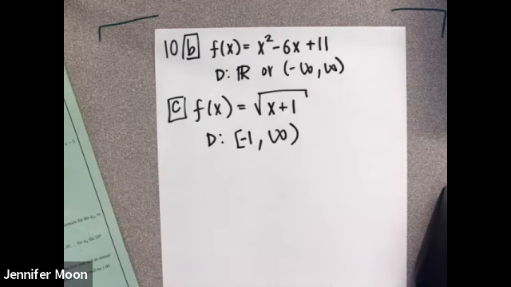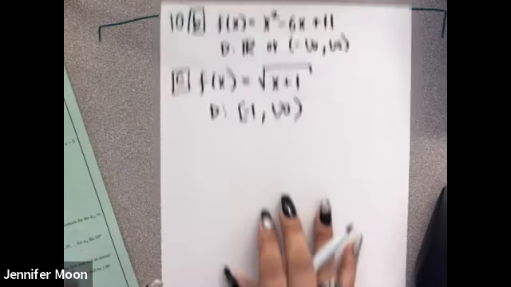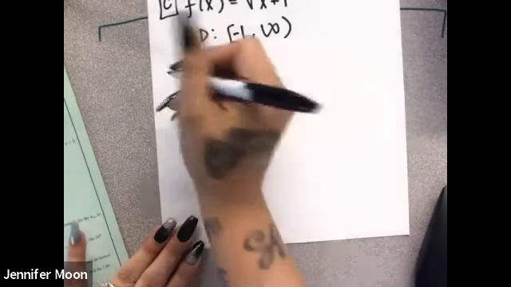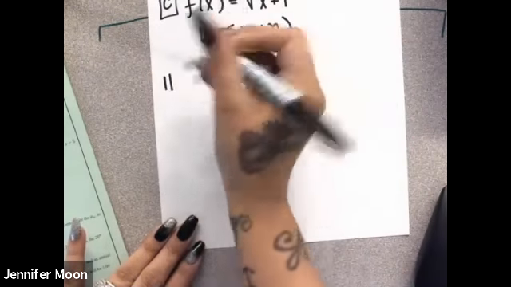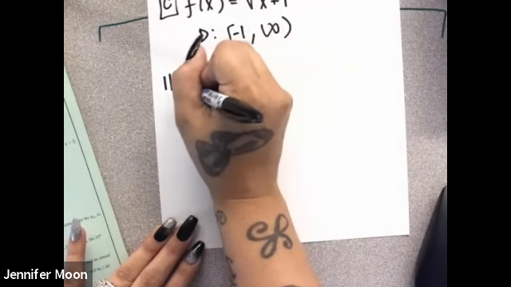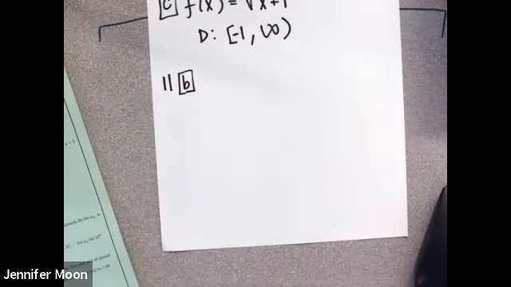Okay, so let's do problem 11. And of course, B. Problem 11 says to find f plus g, f minus g, f times g, and f divided by g. That's the algebra of functions.